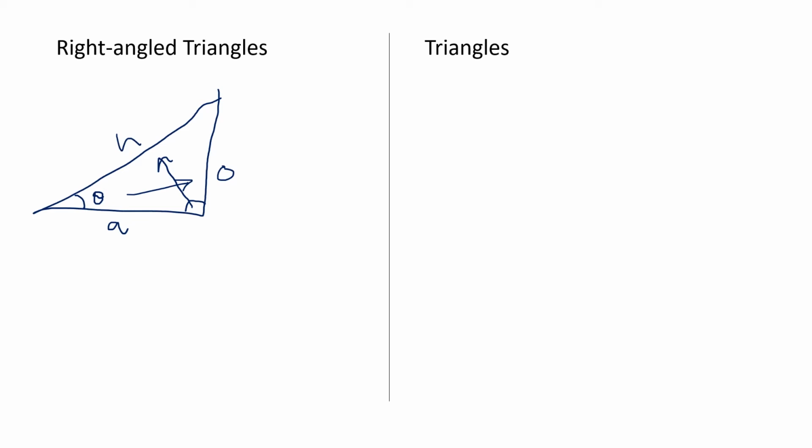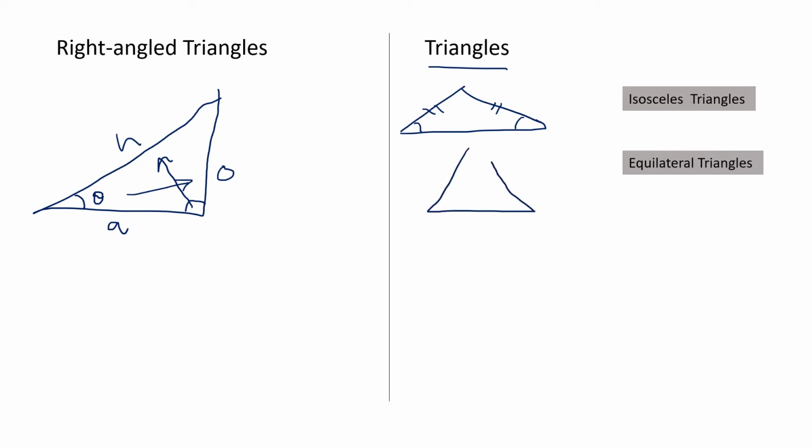If you go back to other triangles, there are a number of types. Isosceles triangles have two equal sides. These two sides are equal, therefore these two angles are equal. Equilateral triangles, all three sides are equal, therefore each angle is 60 degrees. A scalene triangle could be any triangle, arbitrary.